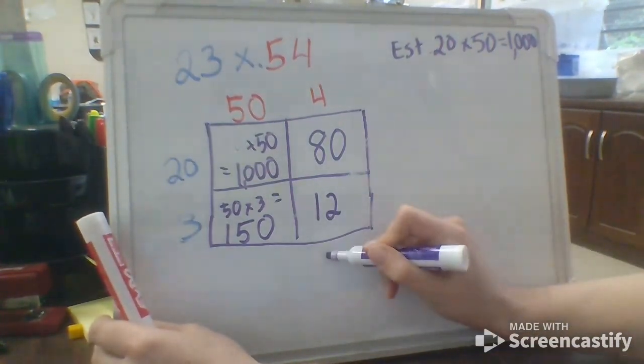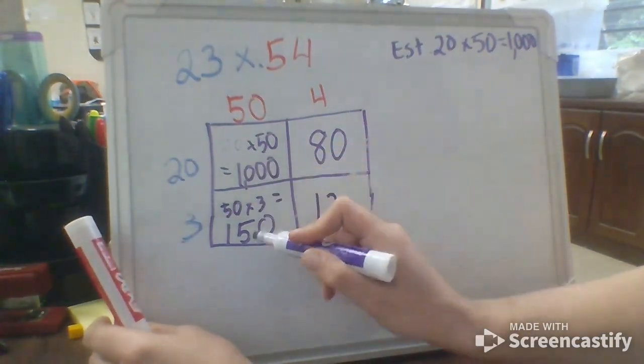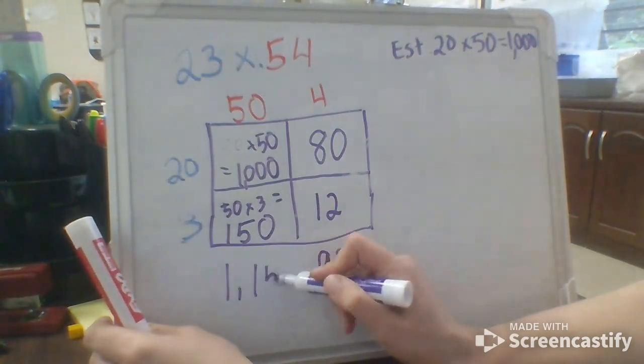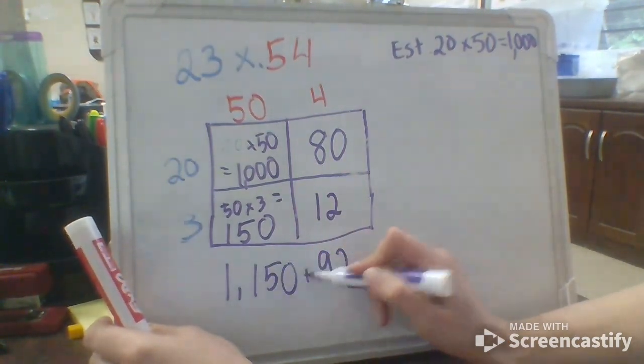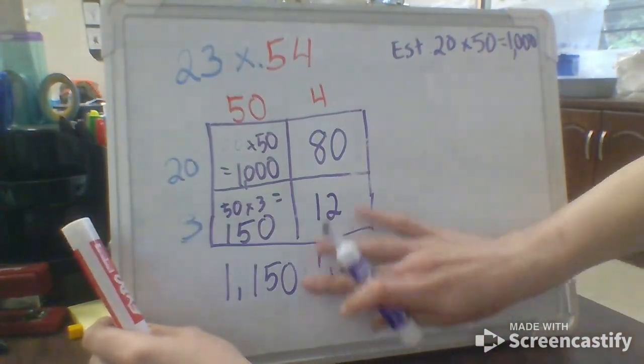80 plus 12, 92. And 1,000 plus 150 should give me 1,150, plus 92. I'm actually going to do that vertically.